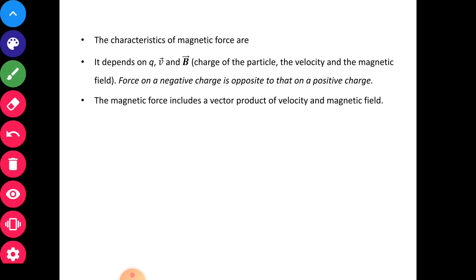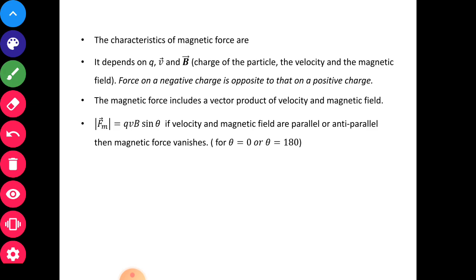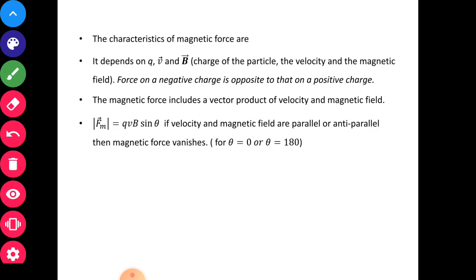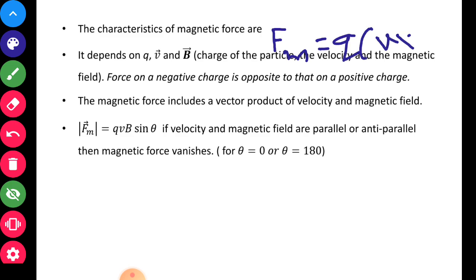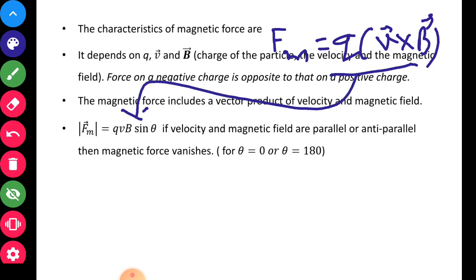The magnetic force includes a vector product of velocity and magnetic field. Now vector product, as you know, A cross B is AB sine theta. So here the formula for the magnetic force is Q V cross B. The simplification of this will be QVB sine theta, or the magnitude of this magnetic force will be QVB sine theta.